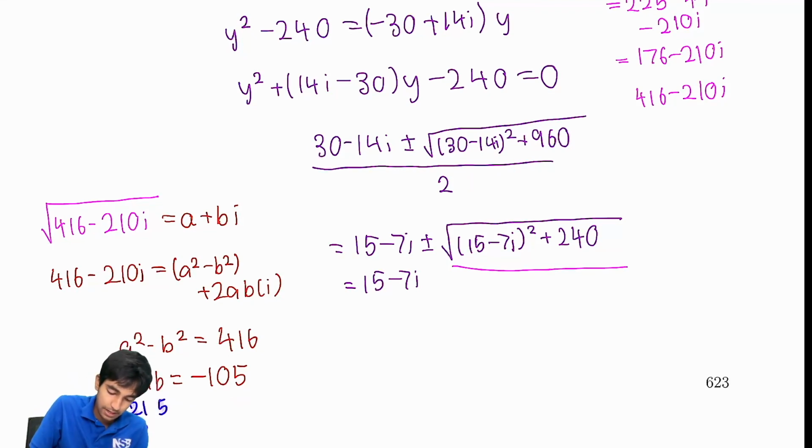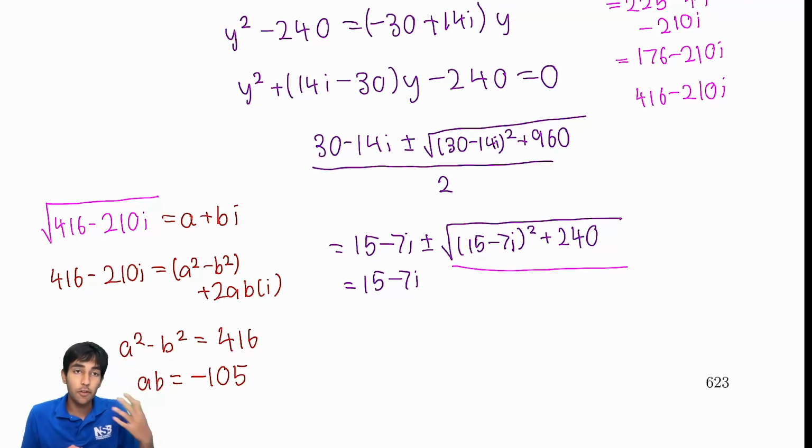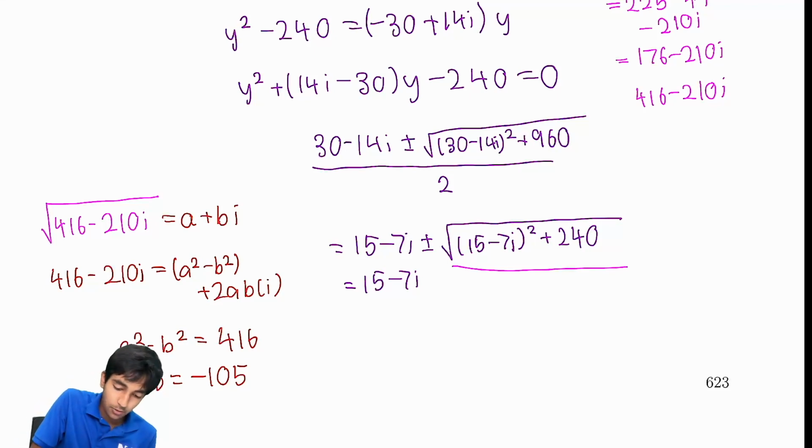It could be 7 and 15. But notice that one of the values has to be at least, look at this, 416, right? 20 squared is 400. So a has to be at least 21. At least one of these has to be 21 or more. So that really leaves us with very few possibilities.